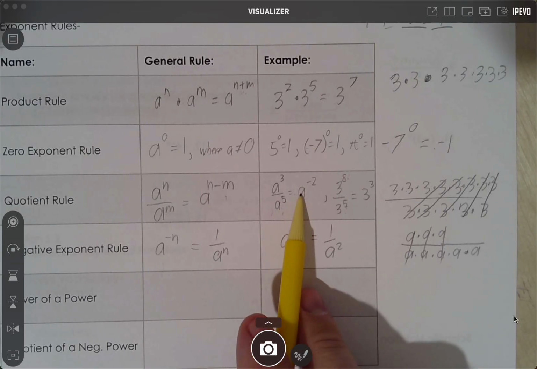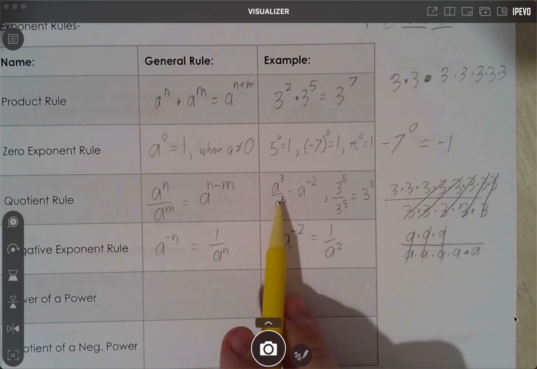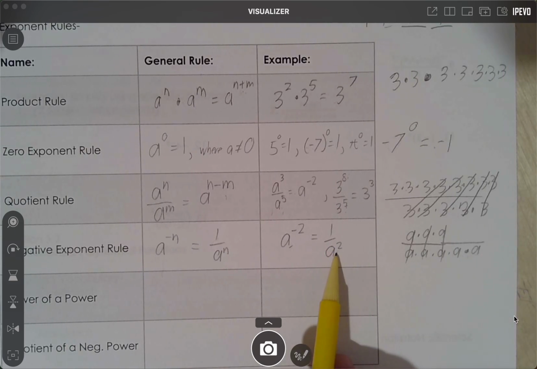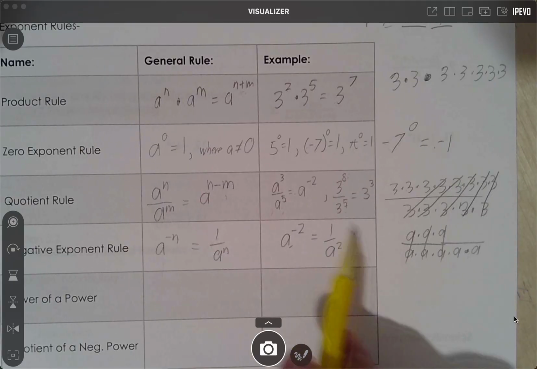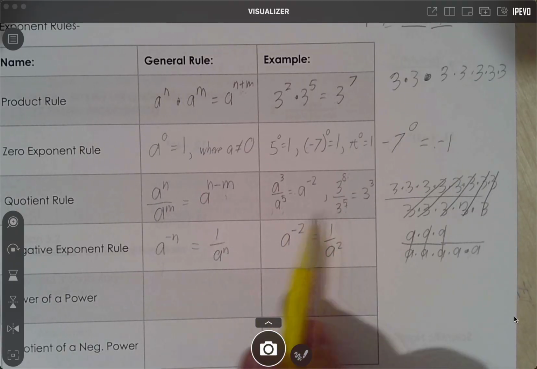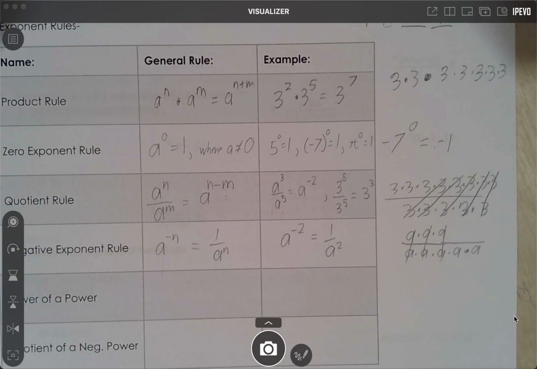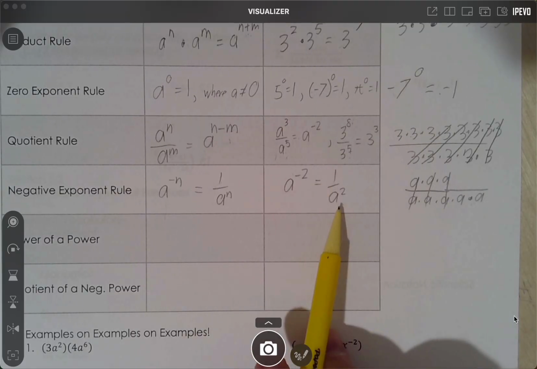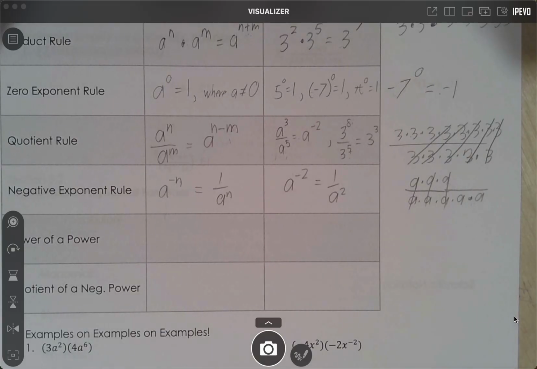But why is it negative 2? Because we're saying there are 2 left over from the subtraction, but they're on the bottom. If I don't want to write them on the bottom, I could move them up to the numerator and just call them negative. It was positive on the bottom, now it's negative in the numerator. So hopefully that helps, but that's probably going to be our most confusing thing, is remembering what a negative exponent is. It means there's a positive version of it on the bottom, and it's however you choose to write it.